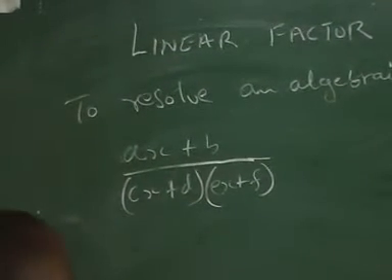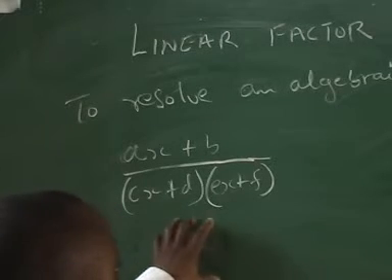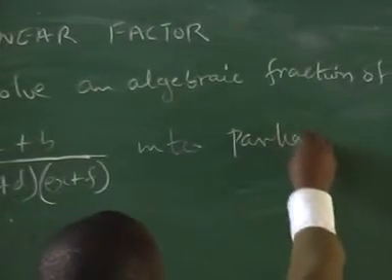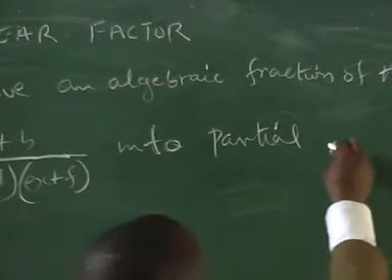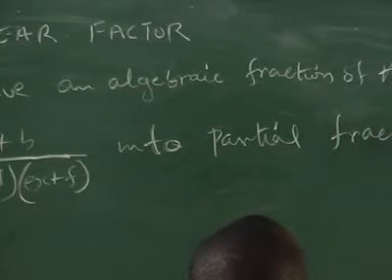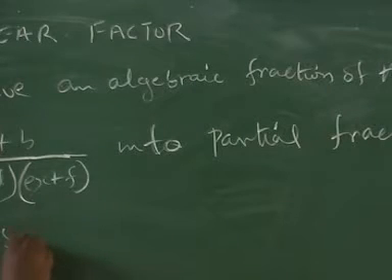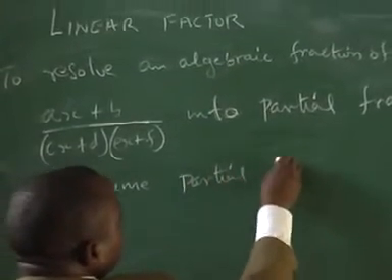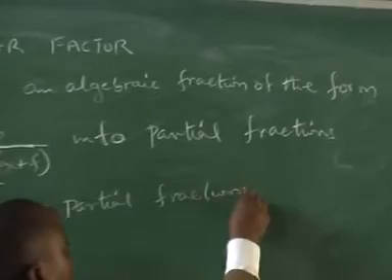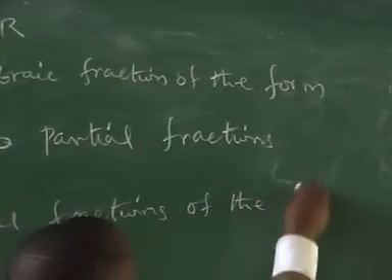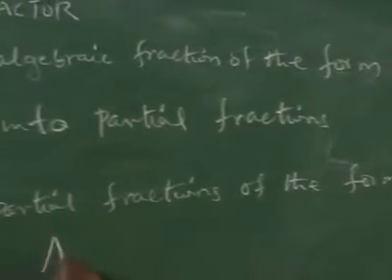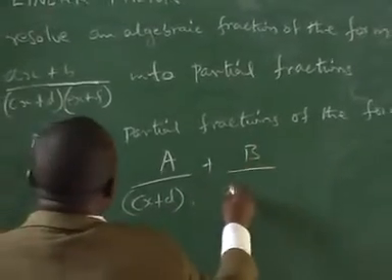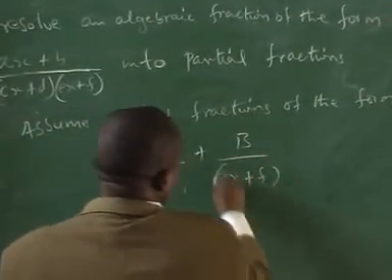the constants. So to resolve an algebraic fraction of the form into partial fractions, assume partial fractions of the form a all over cx plus d plus b all over ex plus f.